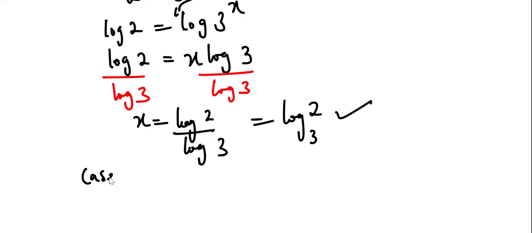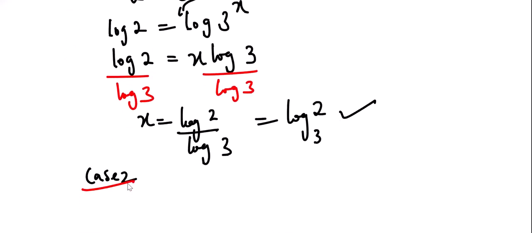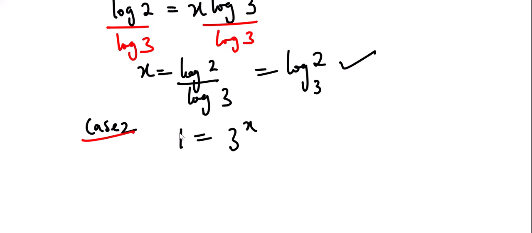For case number 2, recall that we have 1 equals 3 to the power of x. Instead of using logarithm, here you can say that 1 can be written as 3 to the power of 0, which equals 3 to the power of x.